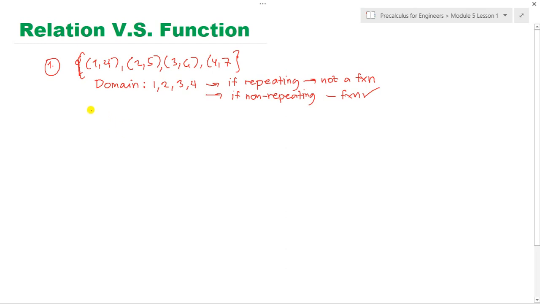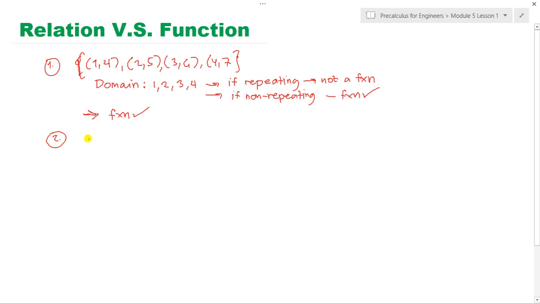Okay, for our example 1, class, based on our judgment here, is this a function or not? Okay, this is a function. There is no value of your domain that repeats twice or thrice or more.